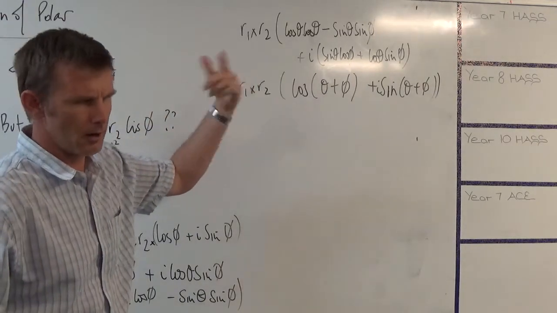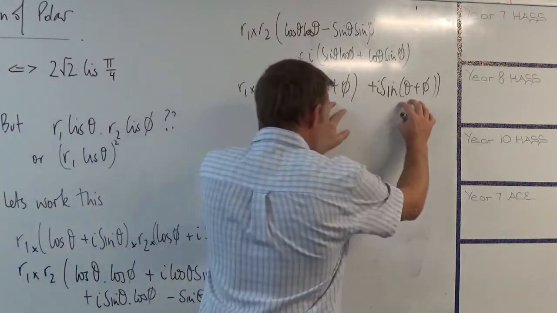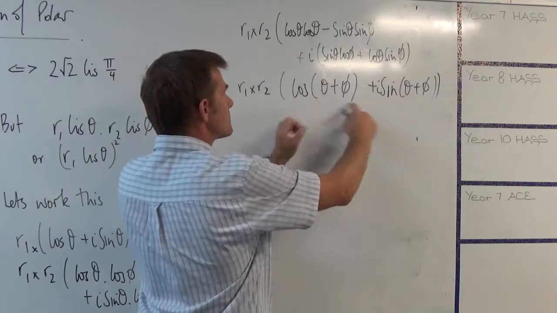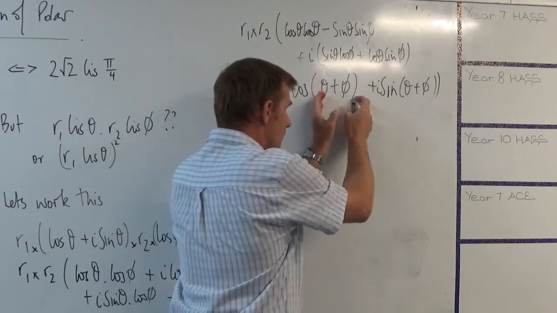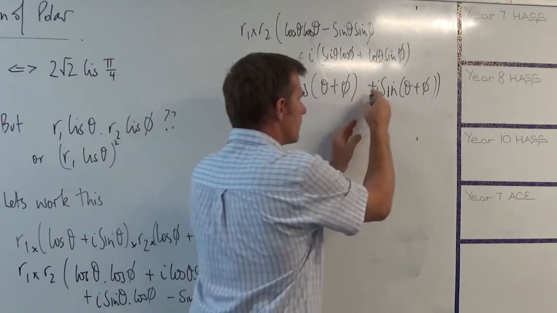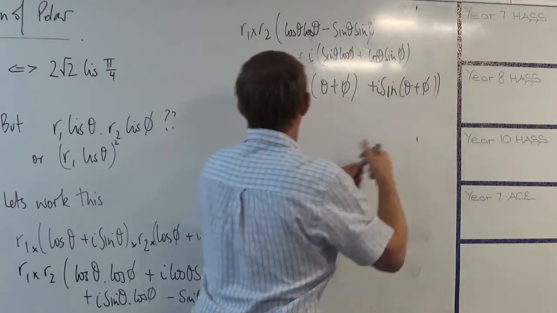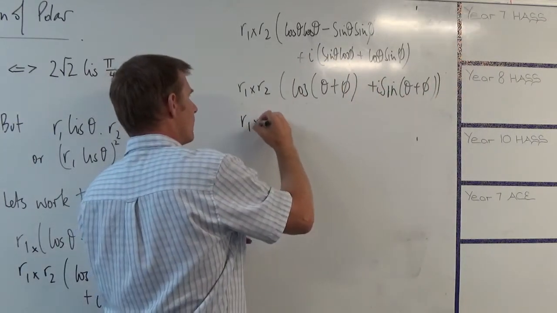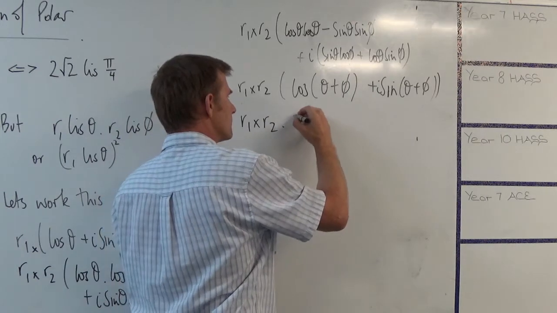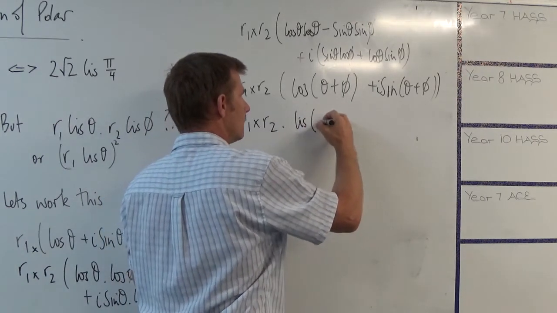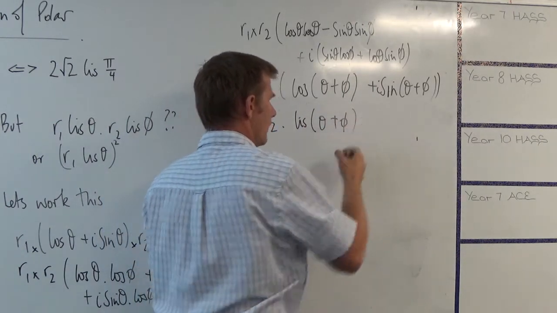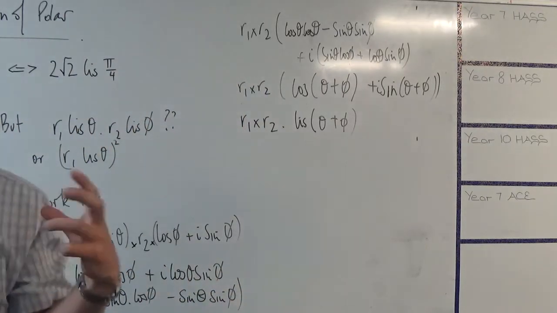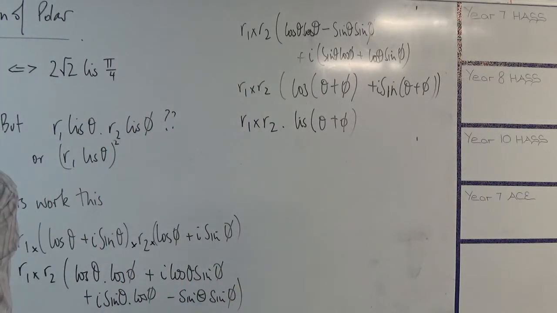If I've got it around the right way, I would have to check the formula sheet. Then isn't this really just cos of a combined angle plus i sine of a combined angle. So we end up with r1 times r2 times cis of theta plus phi. So it kind of breaks down neatly into something real neat.